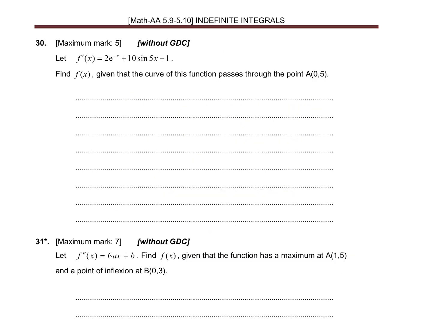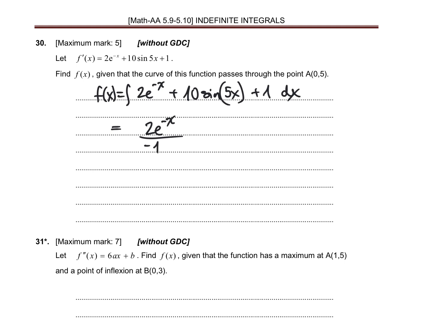All right, 30. We've got the derivative as that, and we want to find the function. So we have f of x equals the integral of 2e to the negative x plus 10 sine 5x plus 1 dx. So we have 2e to the negative x divided by negative 1 plus 10 negative cosine 5x divided by 5 plus x plus c.